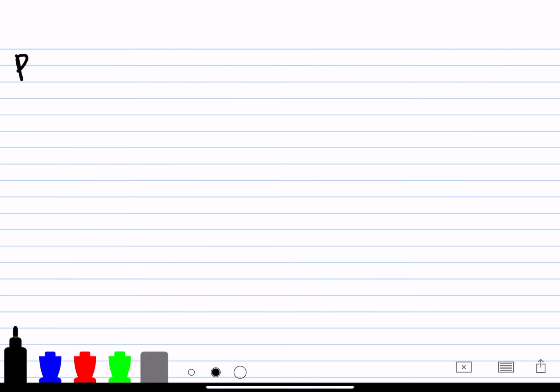So PV equals nRT. Now, first thing we do is we need to find that 14.5 liters of water vapor at a certain temperature and a certain pressure are going to equate to a certain number of moles. And then from there, we can solve.